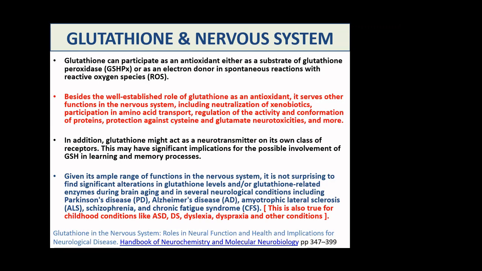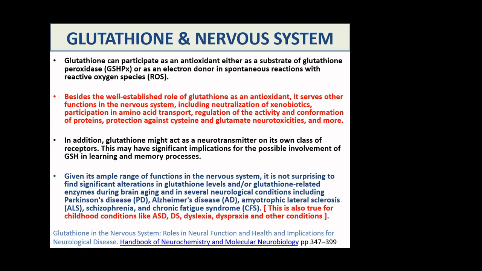Given its ample range of functions in the nervous system, it's not surprising to find significant alterations in glutathione levels and/or glutathione-related enzymes during brain aging, and in several neurological conditions, including Parkinson's disease, Alzheimer's disease, ALS, right? That's Lou Gehrig's disease, schizophrenia, and chronic fatigue syndrome.